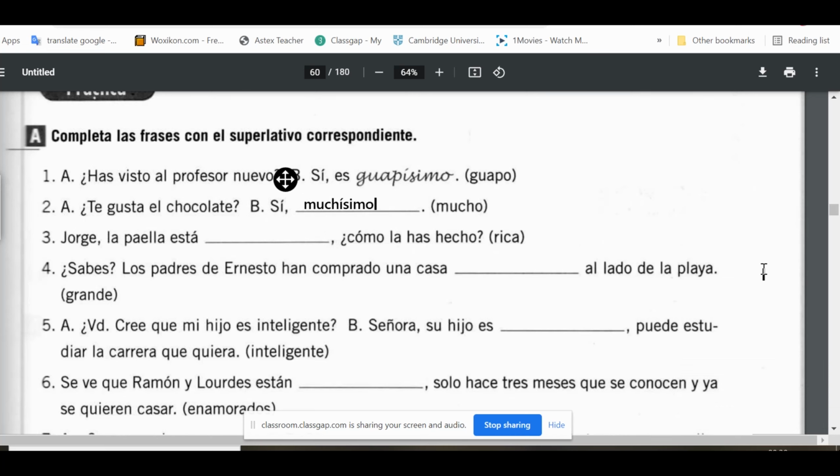It's not a lot, it's really a lot. It's even stronger, yeah? Jorge, la paella está riquísima. Está riquísima.